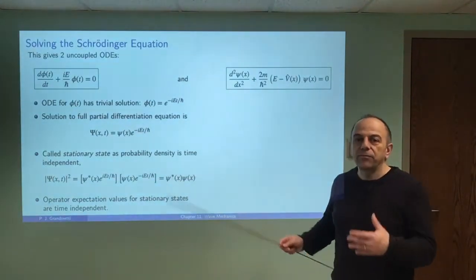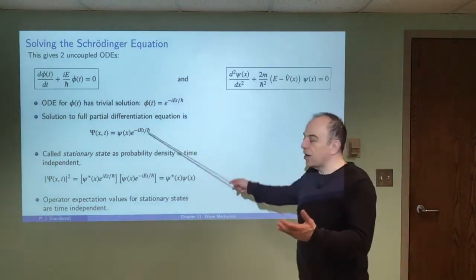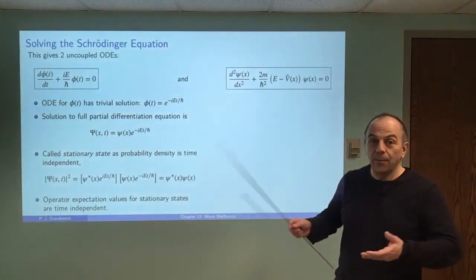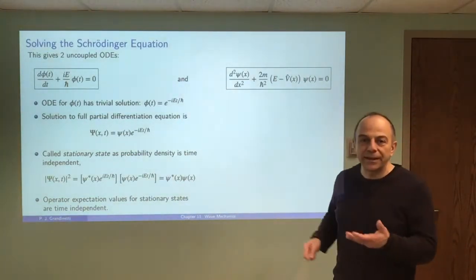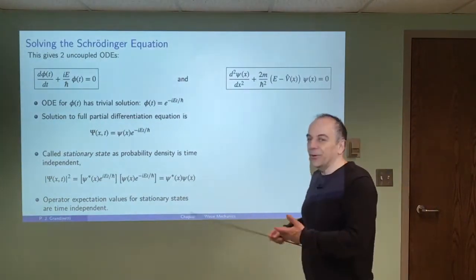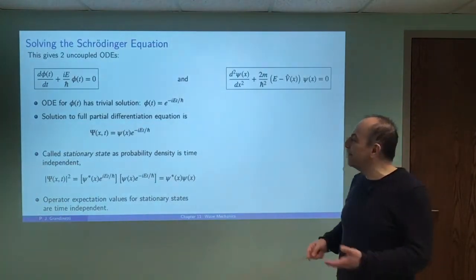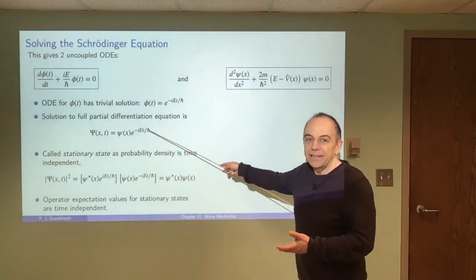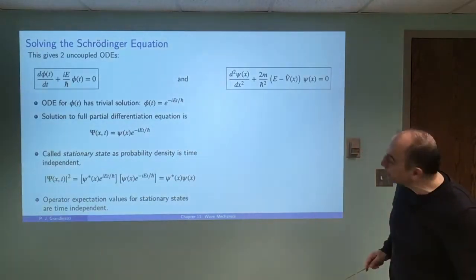Now remember, we're dealing with linear differential equations, so you may have solutions which are linear combinations of these, in which case your probability density is not going to be independent of time, and we won't have operators and expectation values that are time independent. But if we're in this form, then we have a stationary state. So keep that in mind.